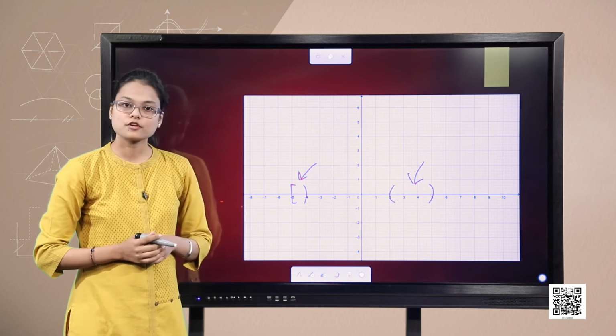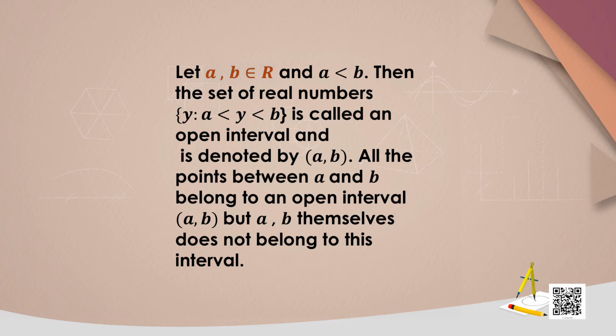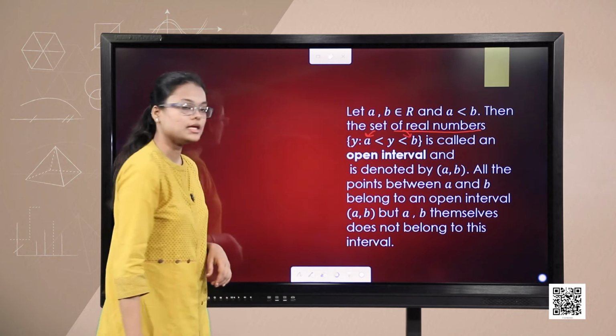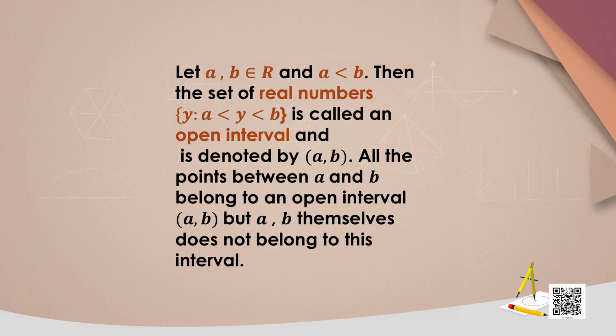So, let us see the definition of interval. The definition states: let a and b belong to R, any two arbitrary numbers, where a is less than b. Then the set of all those real numbers lying between these two numbers a and b is said to be an open interval.